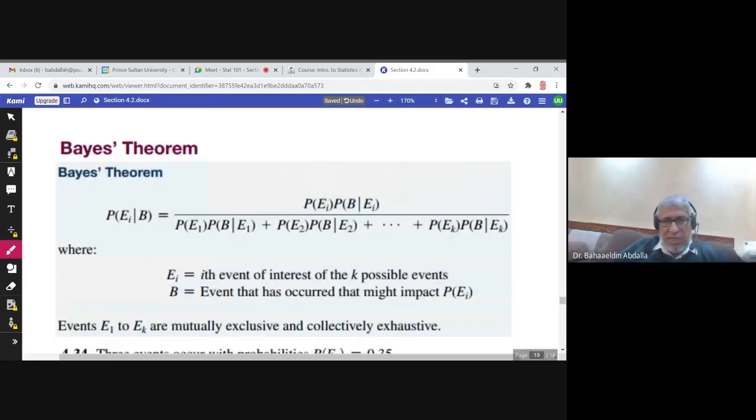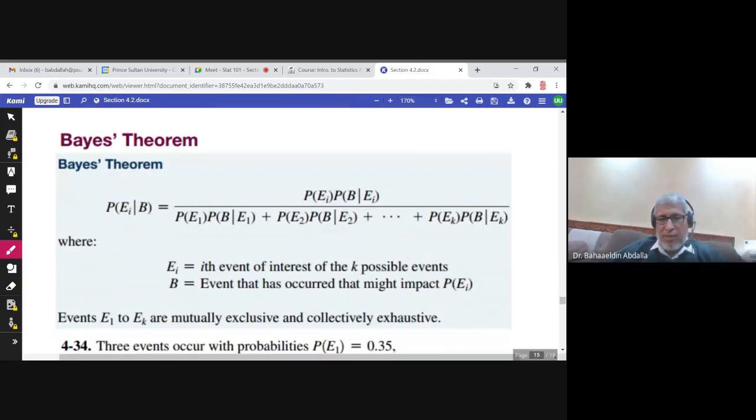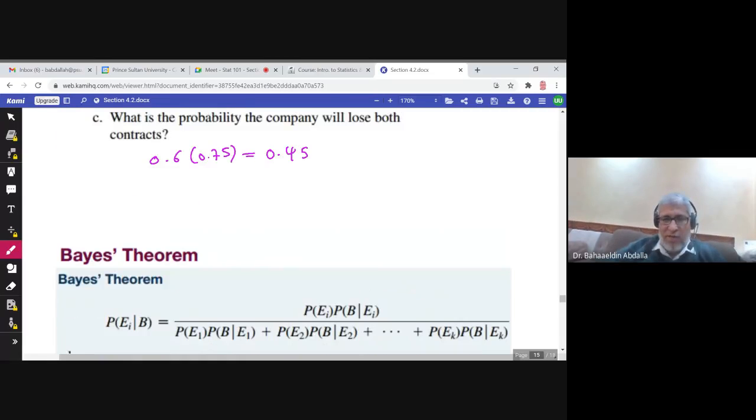The last point in this section is Bayes theorem. In Bayes theorem, we usually start with E1 and E2, maybe more, maybe E1, E2, E3.